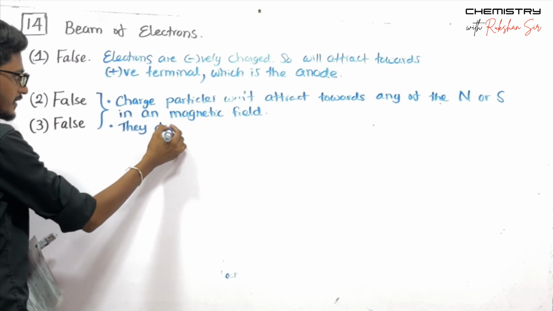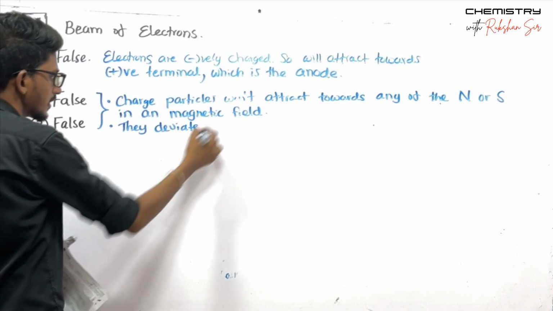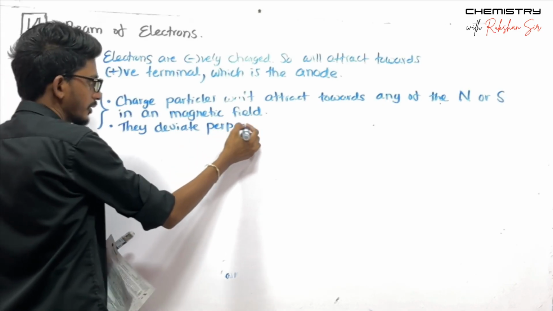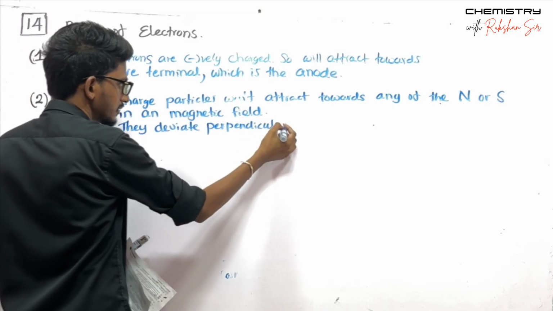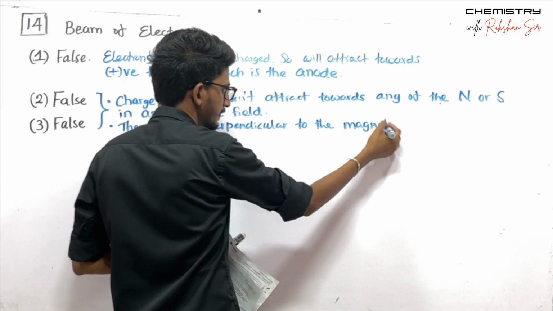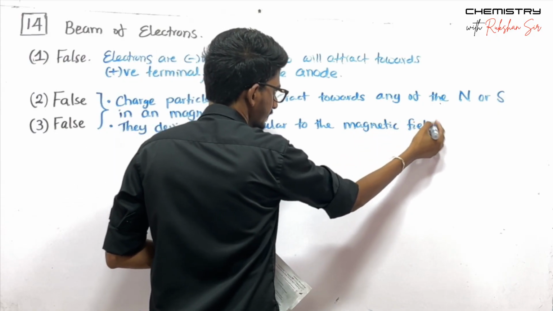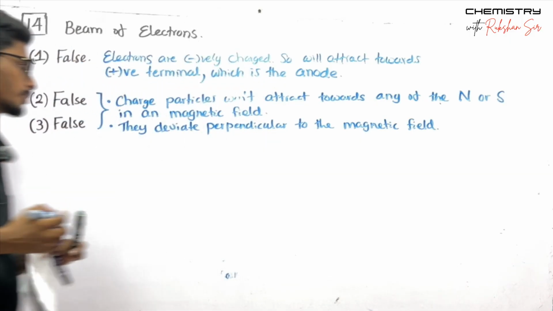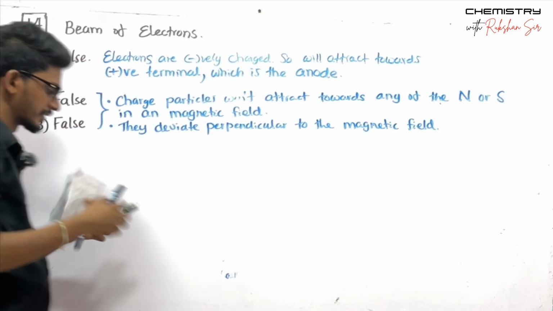Then they deviate perpendicular to the magnetic field. Not attracted towards any of the north or south poles, right? So statements 2 and 3 are false.